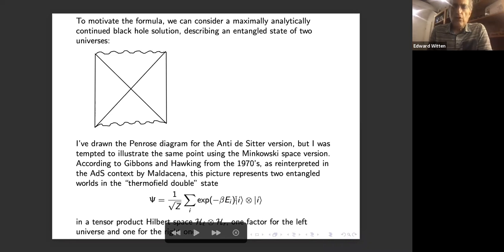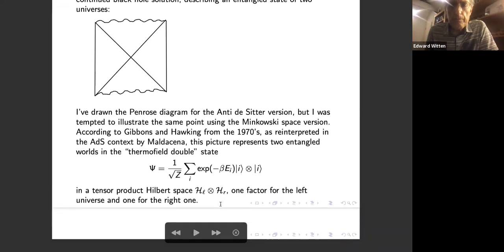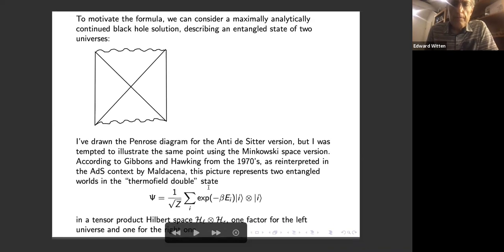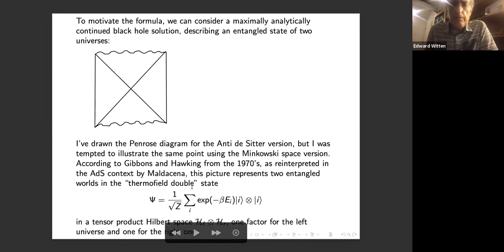Each black hole is in all possible states, but whatever state the first one is in, the second one is in the same state, with a probability which is the exponential of minus the energy of that state times beta, 1 over the Hawking temperature, except I think I dropped a factor of 2 in this formula. It should be beta over 2. Anyway, this geometry is related to this thermofield double state.